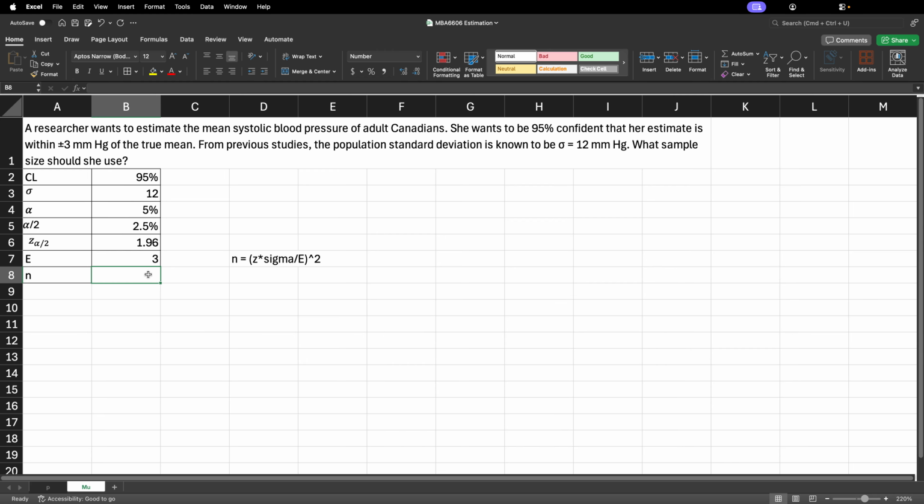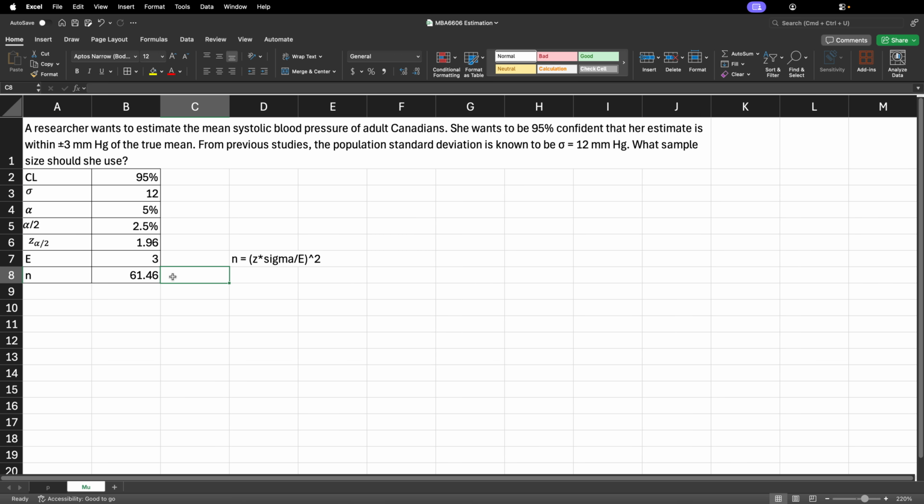So we have the values with us. So n is equal to z times sigma divided by e, the whole thing raised to 2, which will give us n, and that is 61.46.